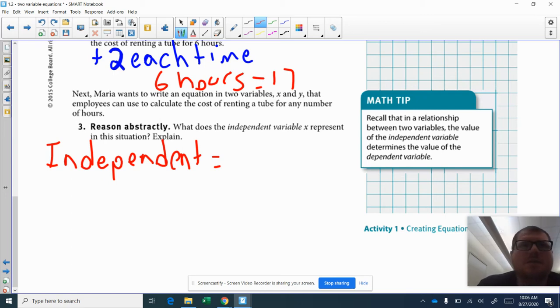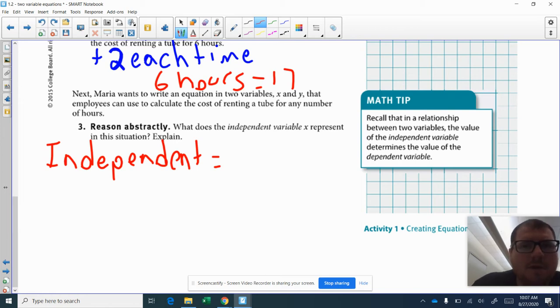So if I'm thinking about the situation, it doesn't need any outside source to affect it. Okay, it's always going to be the thing that describes what is happening in the problem. I always like to say it is the thing that we can control. If we think of a word problem, it's what we can control.